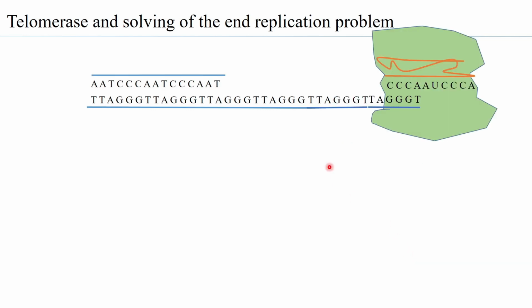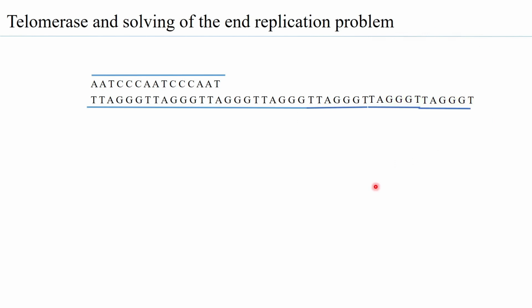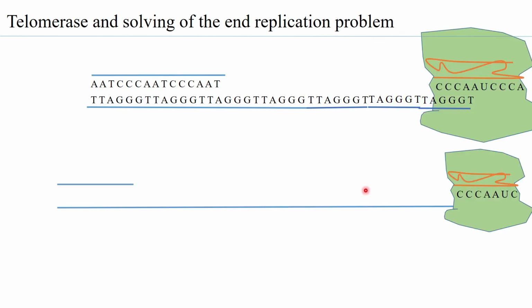So this way what you will find is that this 3' overhang that was present is getting more and more extended. Okay, and so you will come to a stage where you have a long stretch of the telomere that has been extended, and this is single stranded thanks to the telomerase using its own RNA as a template to synthesize it.